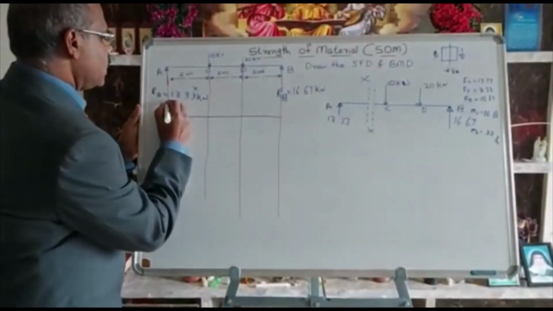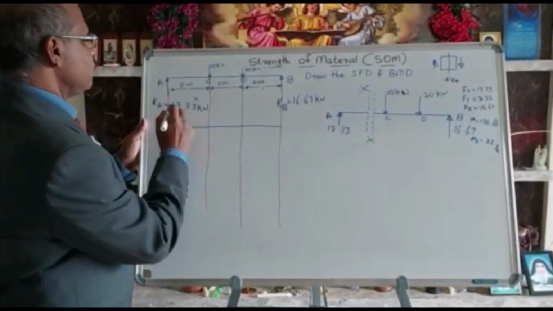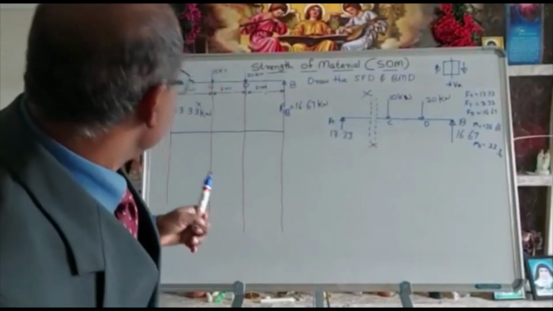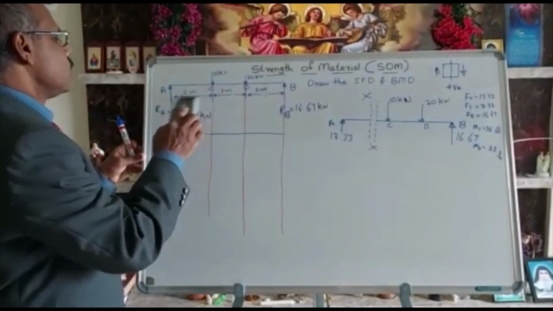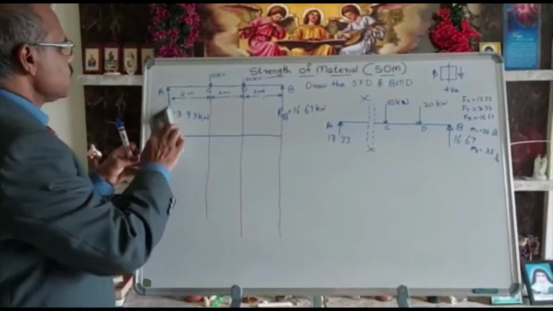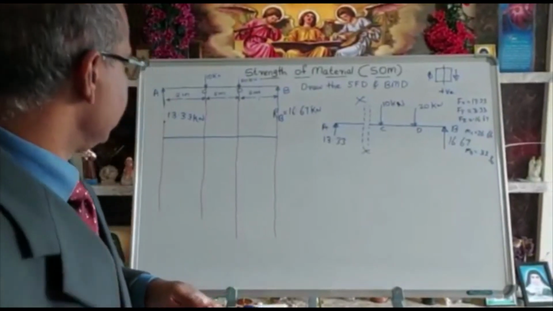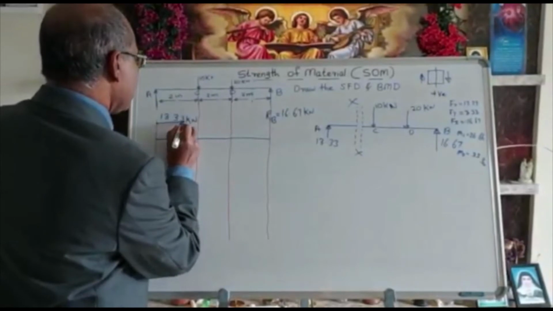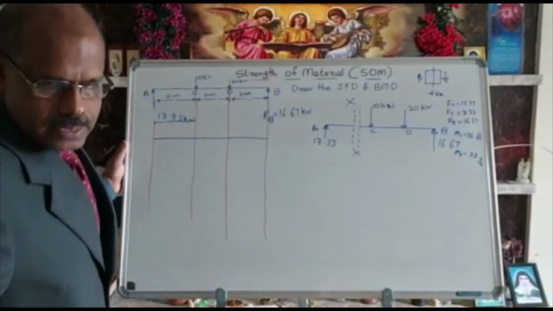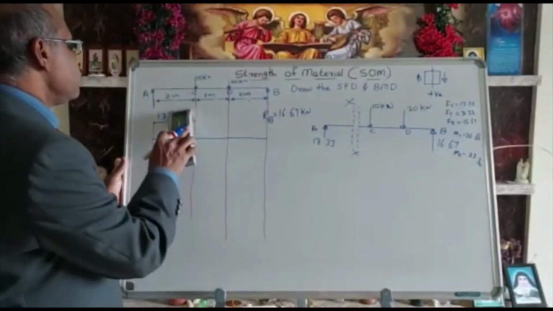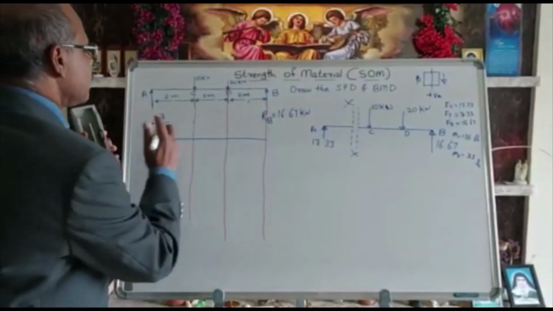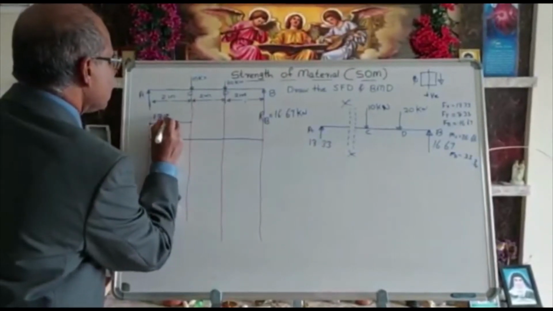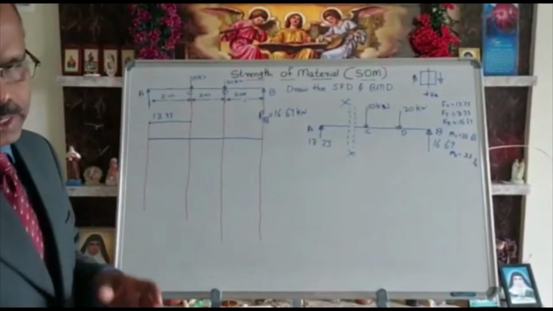That we will mark over here. The value of Fx is 13.33. Then we can make a parallel line over here because it is moving parallel. 13.33 is the force here.